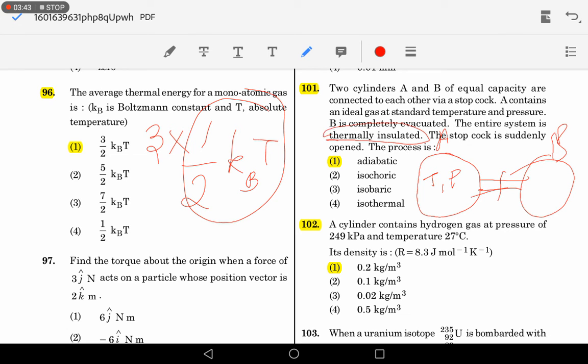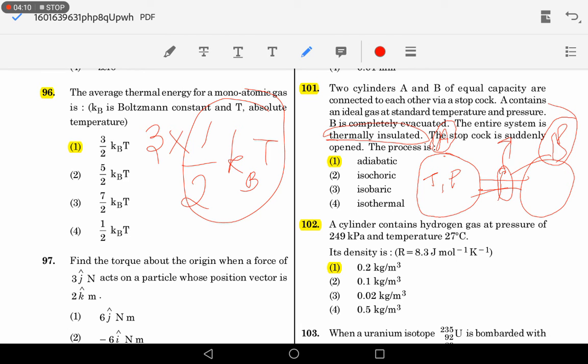Whenever you find the statement thermally insulated, it is going to be an adiabatic process in general. Let's also check it via this question. The stopcock is suddenly opened. The process is. Now there is an ideal gas in cylinder A. In cylinder B, there is no gas, it's completely evacuated.